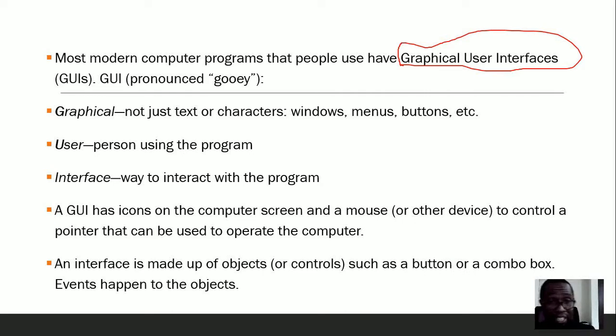Now, the graphical user interface, or GUI, would stand for graphical, which might not necessarily be limited to only text and characters, but all things like windows, menus, buttons, all the graphics that come to us through a program that present themselves for interaction, they are under the graphical realm.